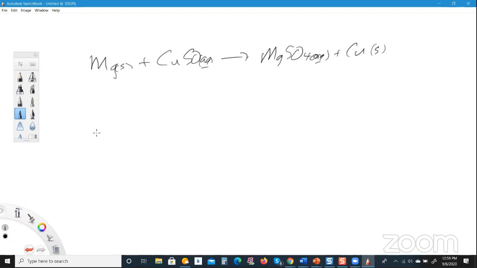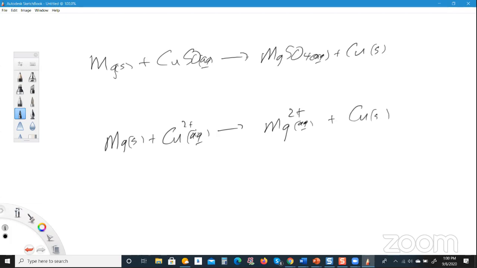I'm going to skip the ionic equation and get to the net ionic equation: Mg solid plus Cu2+ aqueous to give Mg2+ aqueous plus Cu solid. So this is a net ionic equation.